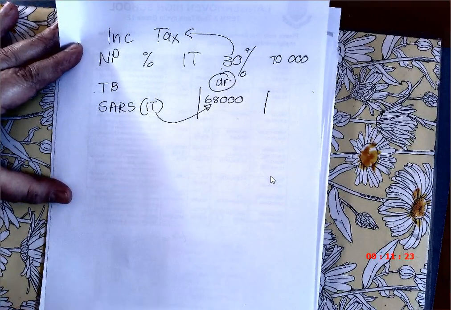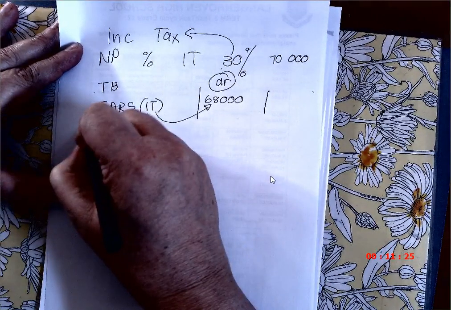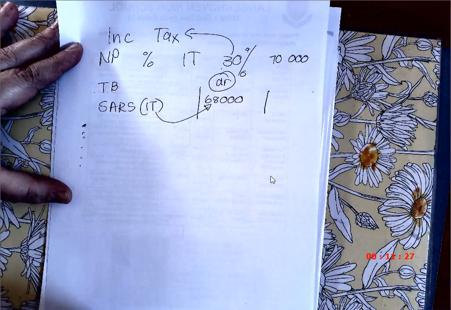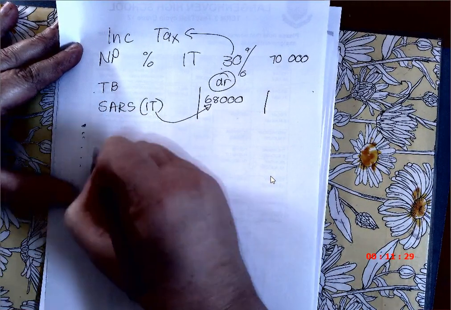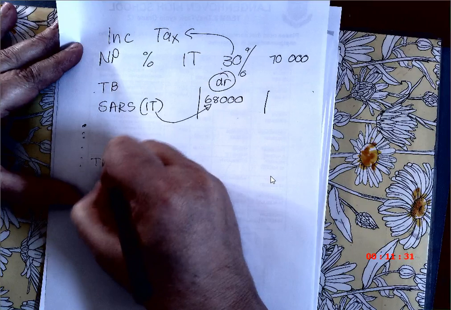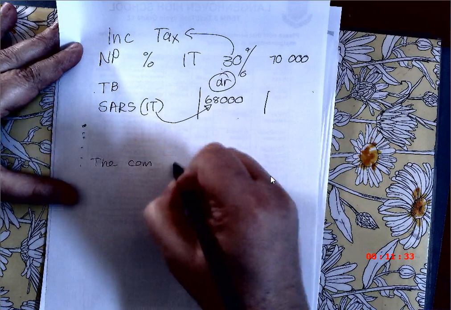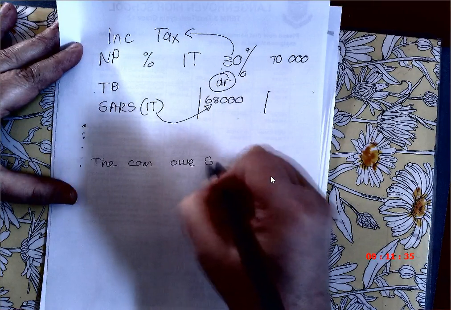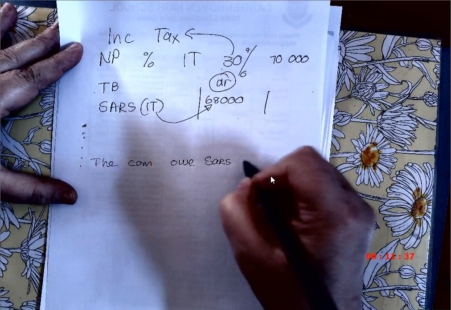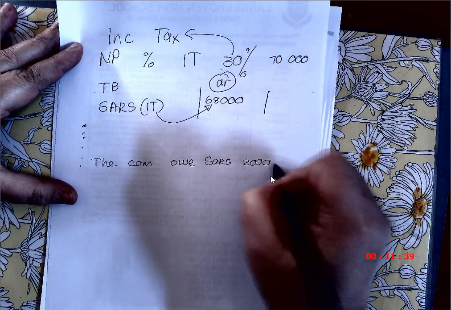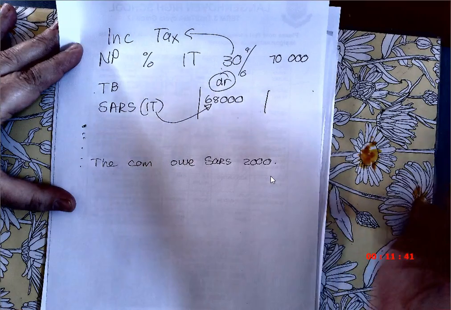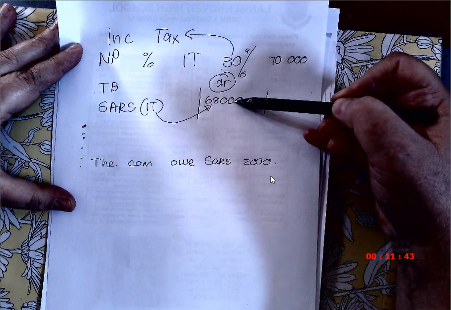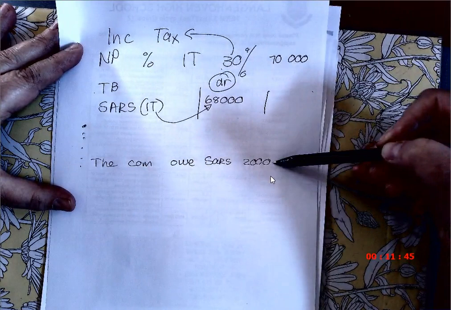Now they have here in the additional information, they say to you, the company owes SARS 2,000. So what does it mean? I already paid SARS 68. We still owe SARS 2.